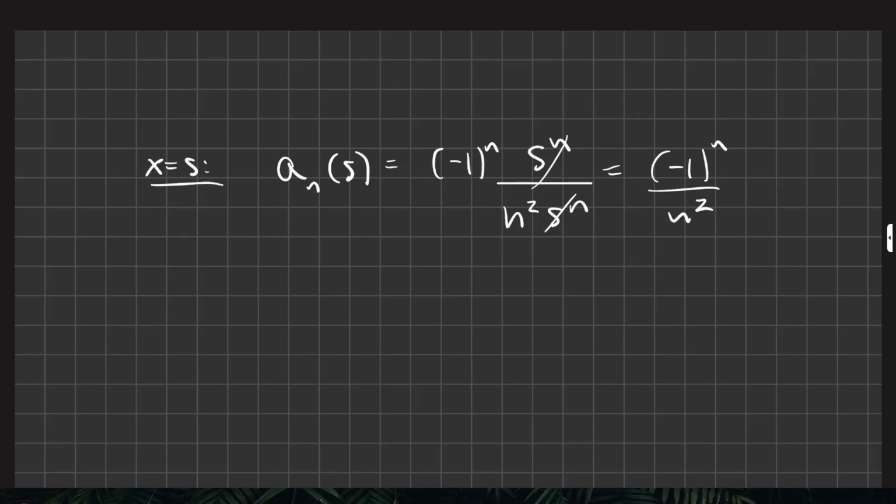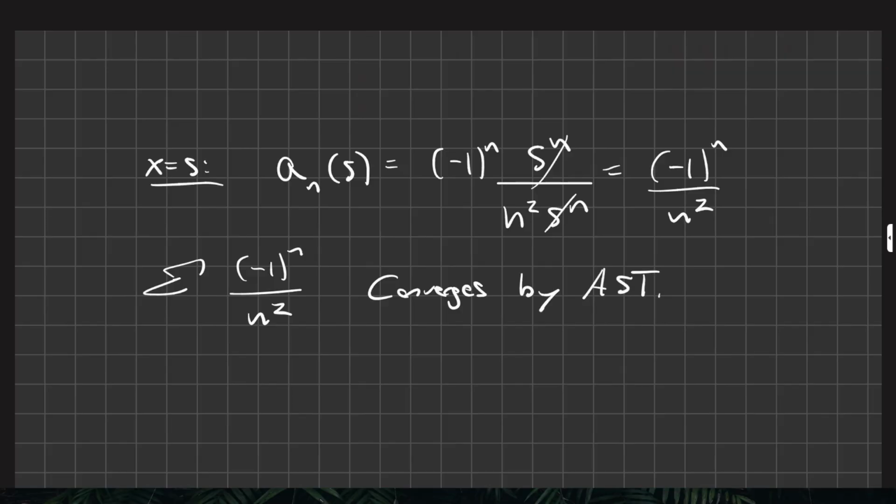Okay, and this converges by alternating series test. I'm trying to save a little bit of time because there's so many problems, but go through, pick b sub n to be the absolute value, so 1 over n squared, and look at b sub n plus 1, so 1 over n plus 1 squared versus 1 over n squared. Their limit goes to 0.